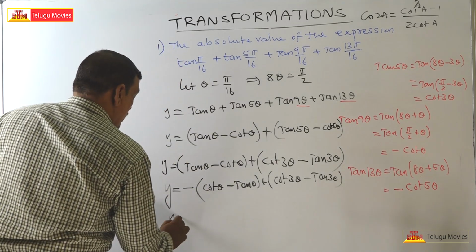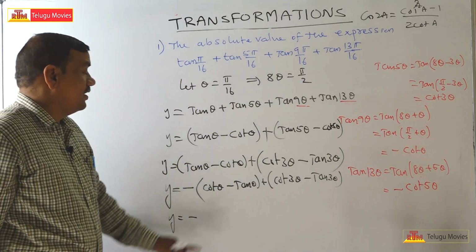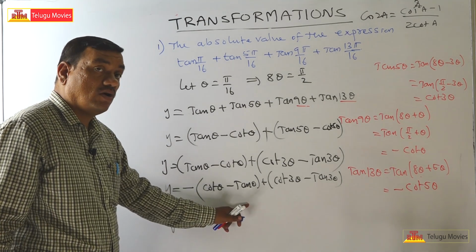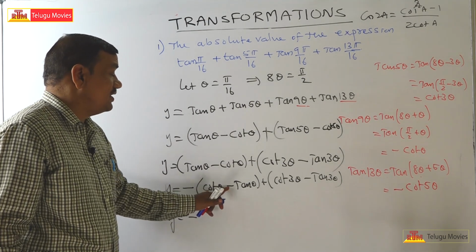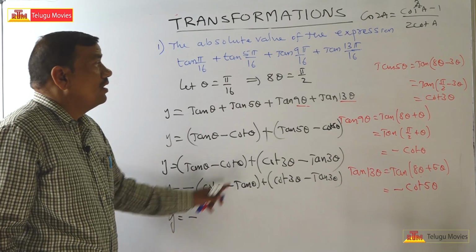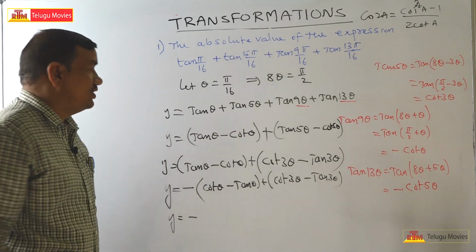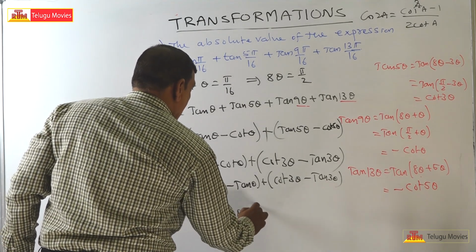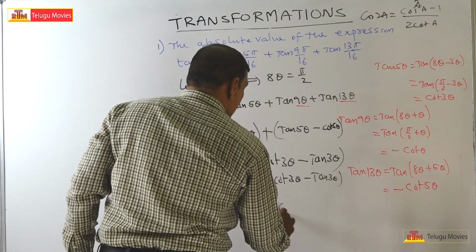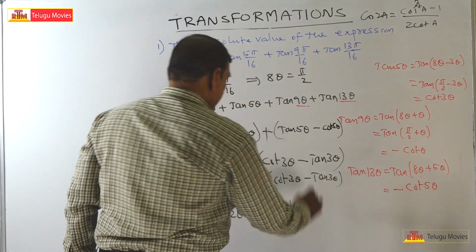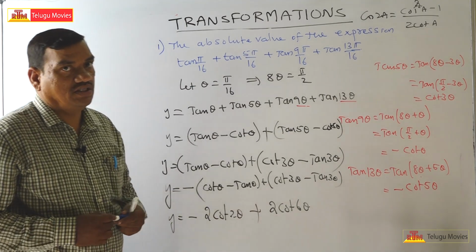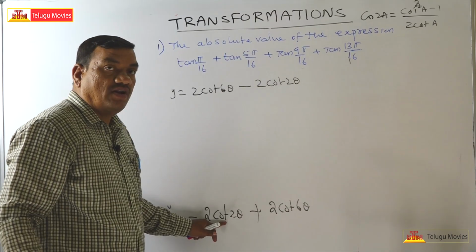So y is equal to minus, see here, cot theta minus tan theta. I will write tan theta as 1 by cot theta. So this is cot square theta minus 1 by cot theta, which becomes 2 cot 2 theta, and this is also 2 cot 6 theta. Okay? Right. So this is our last step.